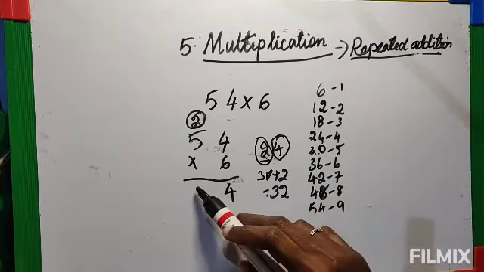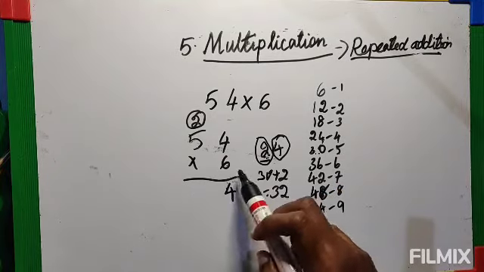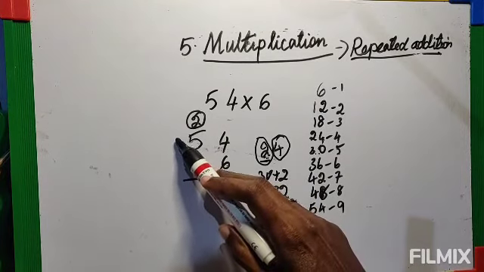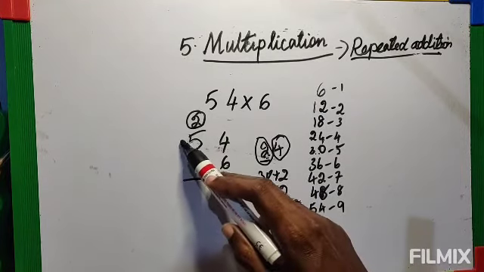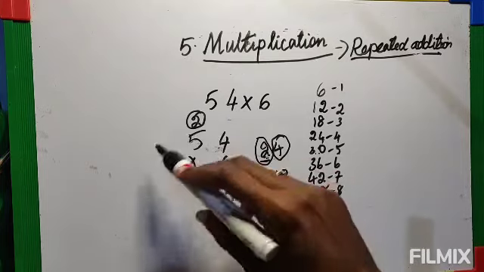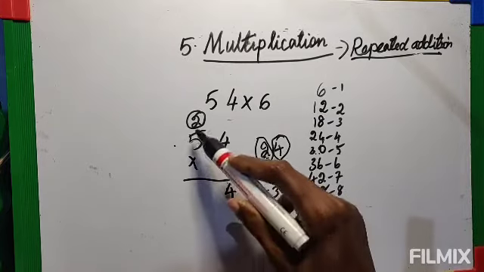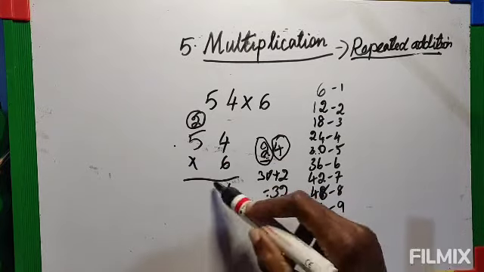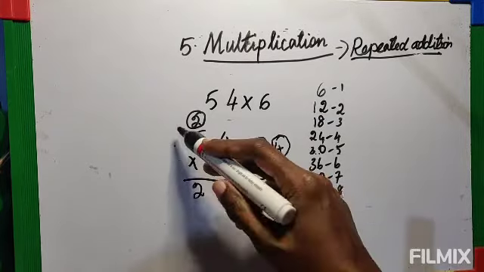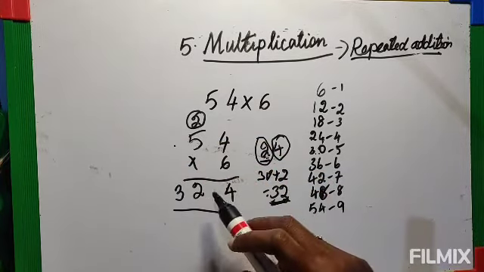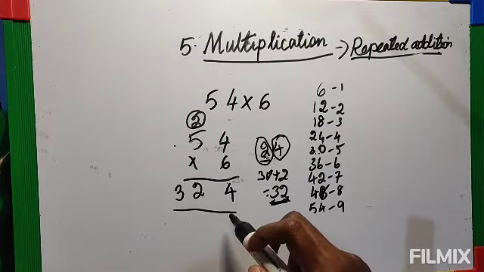Only one digit you can write in a place. But we don't have the next place, the hundreds place, and no number to multiply, so you don't need to carry this 3. You can write it as it is. In the tens place you will write this 2, and in the hundreds place you will write 3. So 54 into 6 is 324.